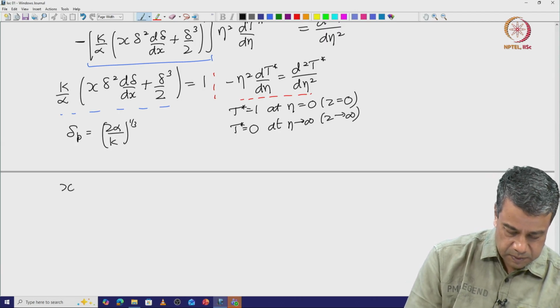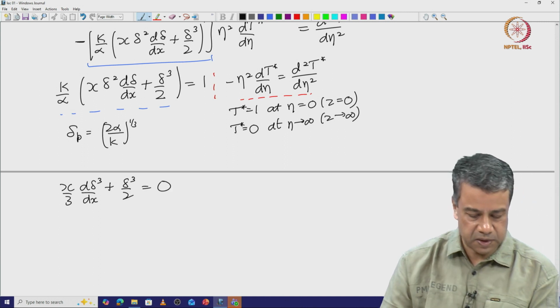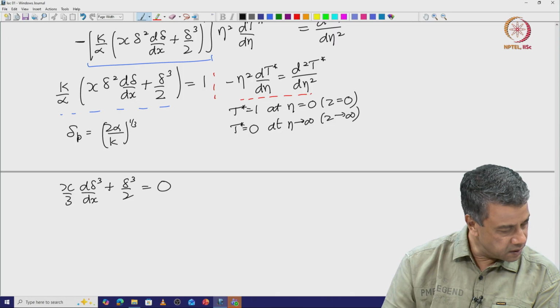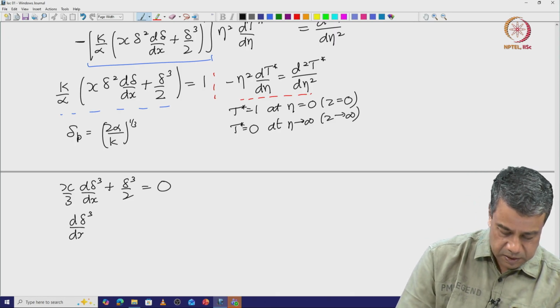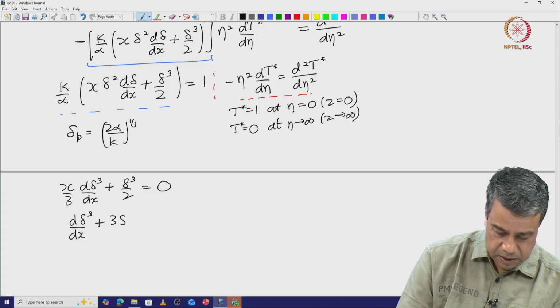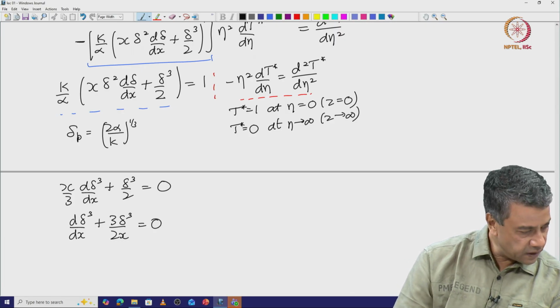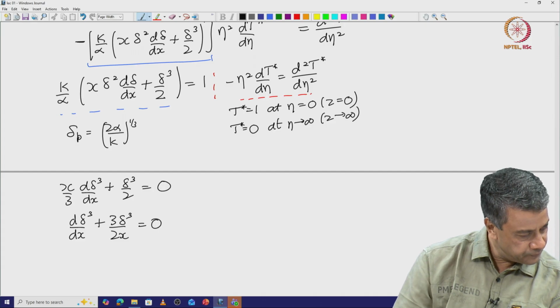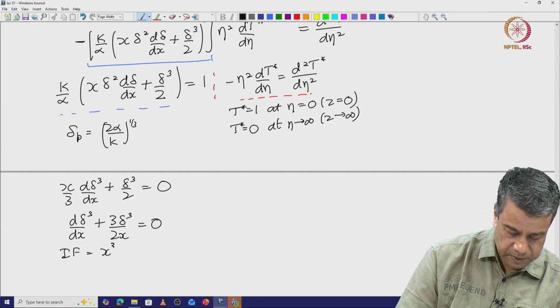x by 3 d delta cubed by dx plus delta cubed by 2 equal to 0 is the homogeneous equation. Alternatively, d delta cubed by dx plus 3 delta cubed by 2x is equal to 0. The integrating factor for this just turns out to be x power 3 by 2.